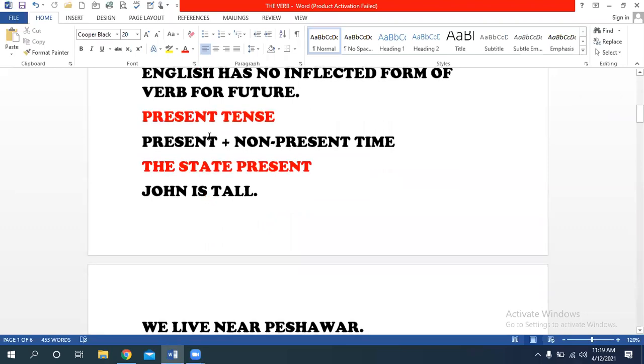So first of all, we have present tense. Present tense refers to present. So do we use present tense for the same thing that it is used for present? Because the name is showing that the tense will be used for present. So we have different usages of the present tense.